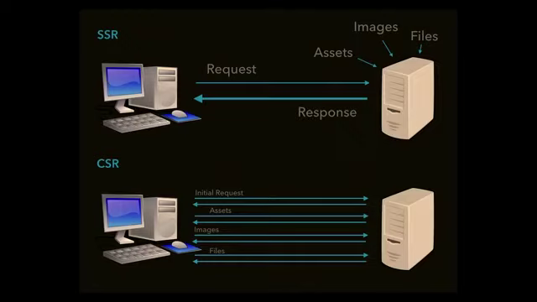With SSR, you're just doing one request, everything is getting built, all your assets, all your images, and you're getting a bigger, thicker response back, which might take a little longer, as opposed to client-side rendering, where you make one request, get one straight away back, your skeleton file, your HTML, and then every time you need an asset or an image or a file, you have to make an additional request. There is a limit of, I think, 6 requests simultaneously. So if you've got loads of images on your site, then it might make sense to have them built all on your server.